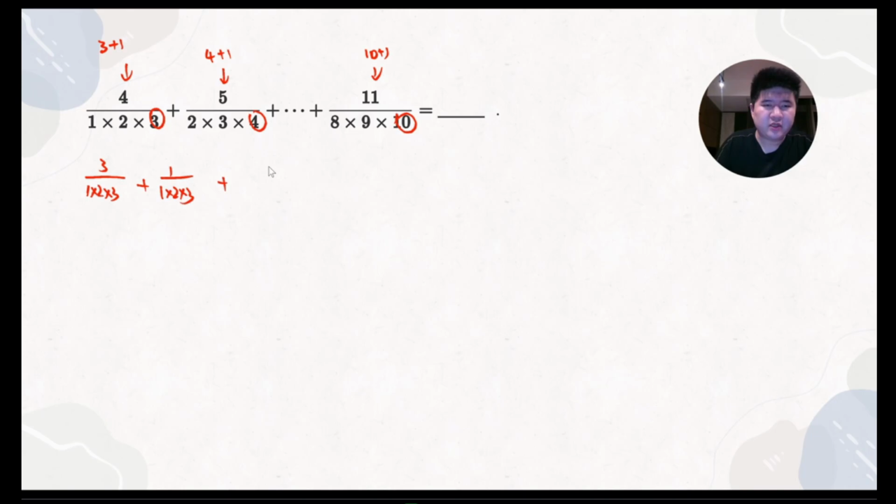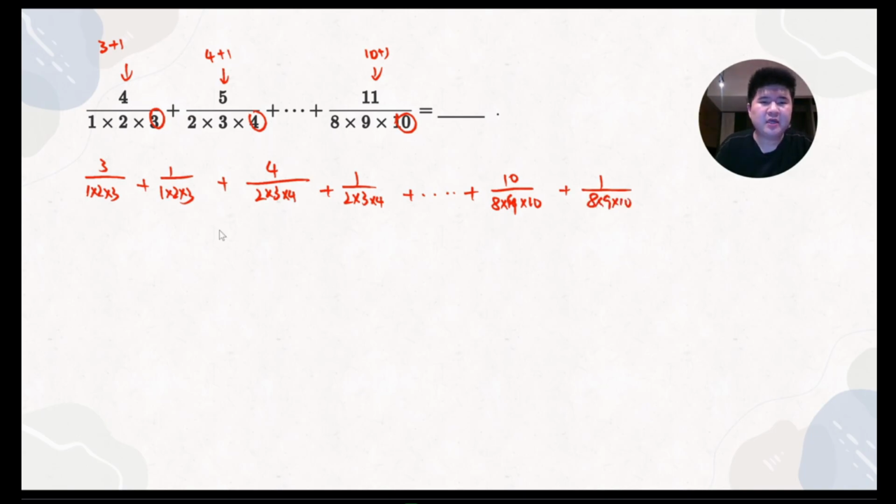And the second part is 4 over 2 times 3 times 4 plus 1 over 2 times 3 times 4. Plus until 10 over 8 times 9 times 10 plus 1 over 8 times 9 times 10.